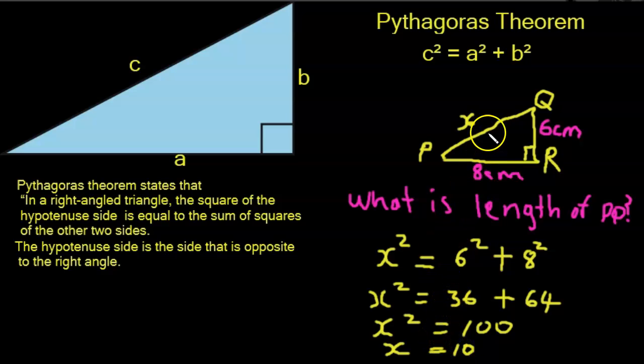So the value of x is 10. Hence, the length of PQ is 10 centimeters. So we can say, therefore, PQ equal to 10 centimeters. Let's look at another problem.